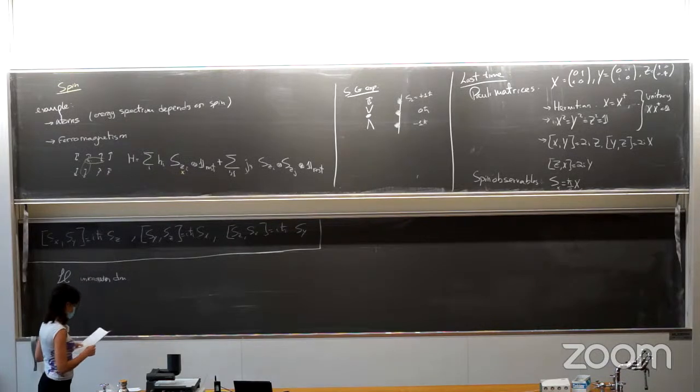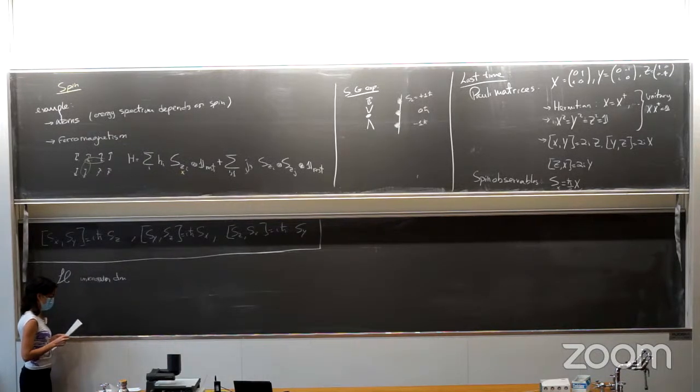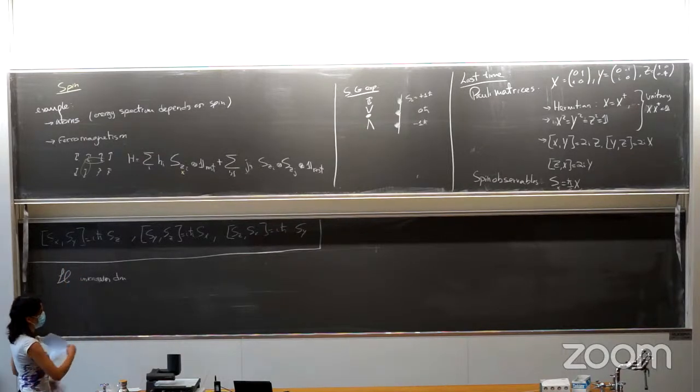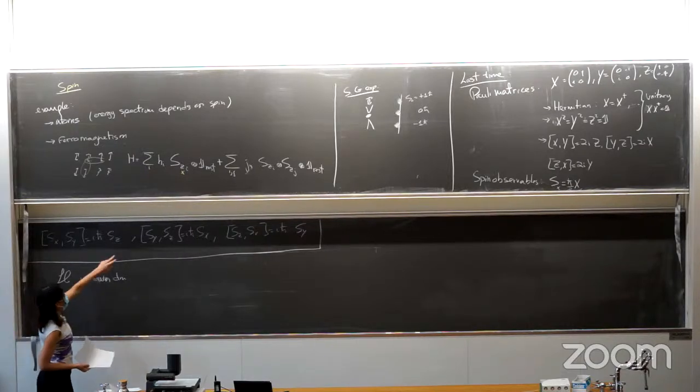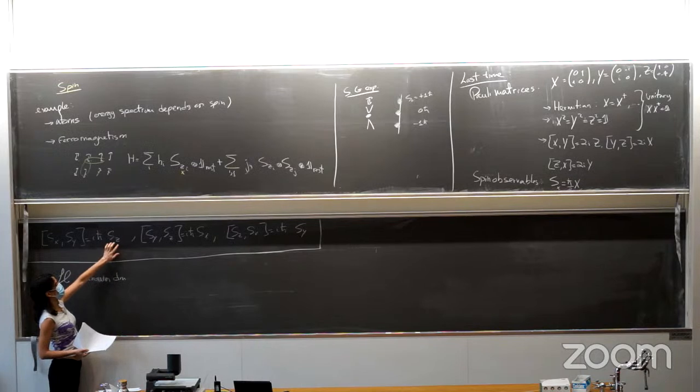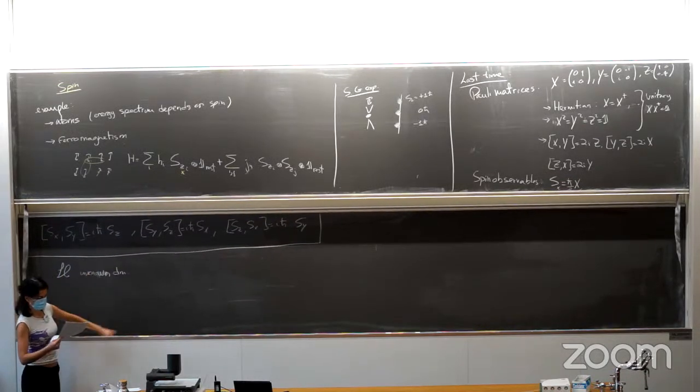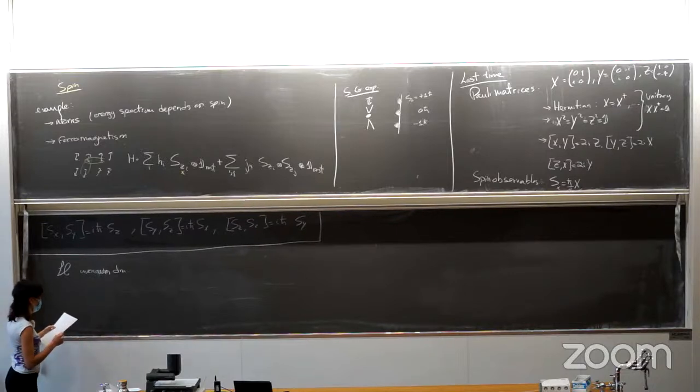So the first thing is that we need to pick a basis to be kind of our computational basis, our default basis. And just like in the qubit case, we're going to pick the eigenbasis of S_z to be our default basis. So what do the eigenstates of S_z depend on?